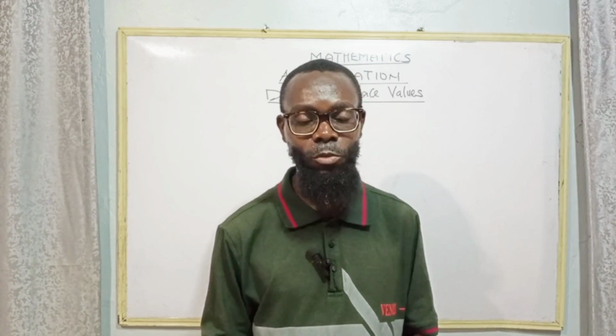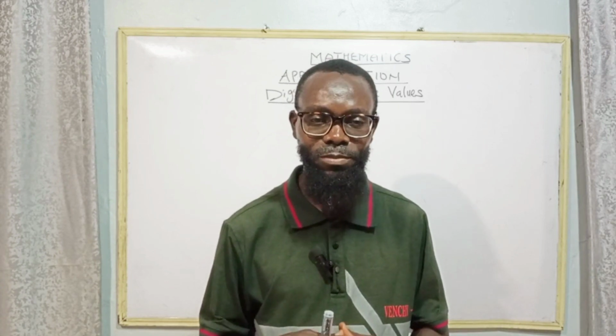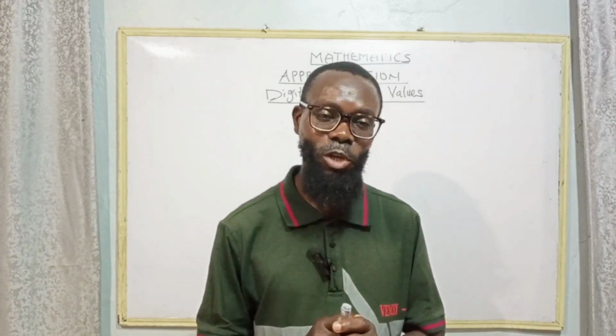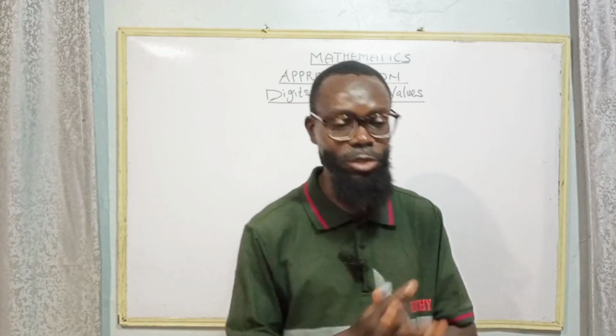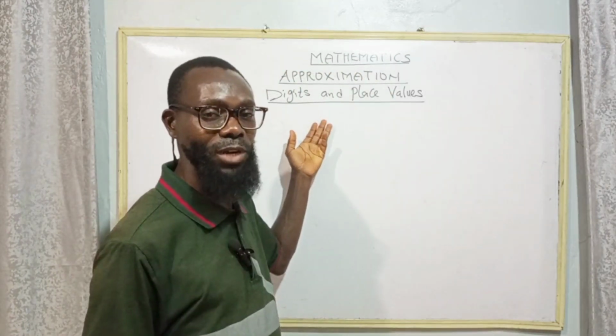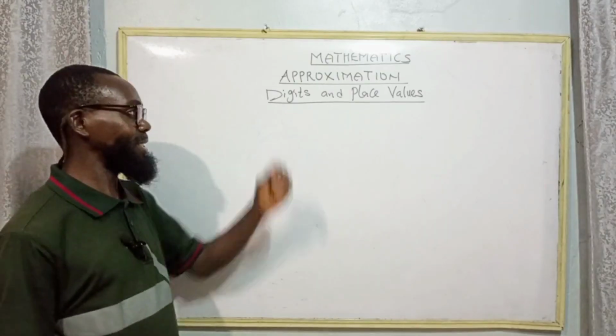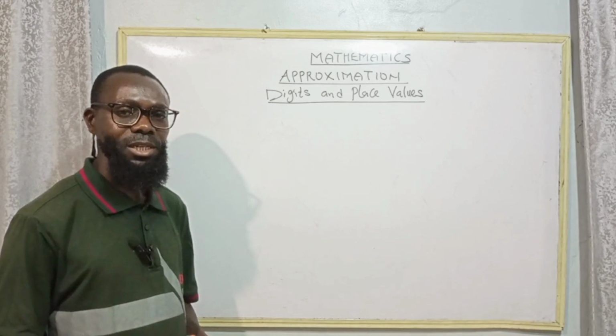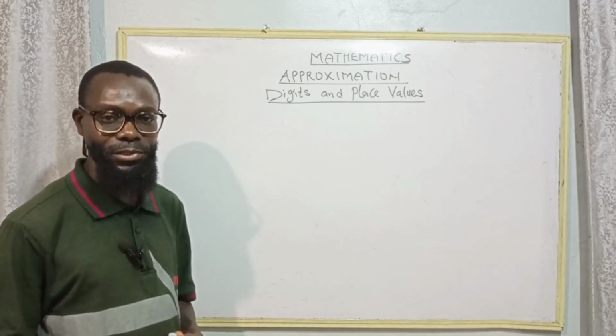Today's class, we're going to be looking at approximation. But the first subtopic we check in this approximation is digits and place values. So let's look at digits. What are digits? Digits are numbers.